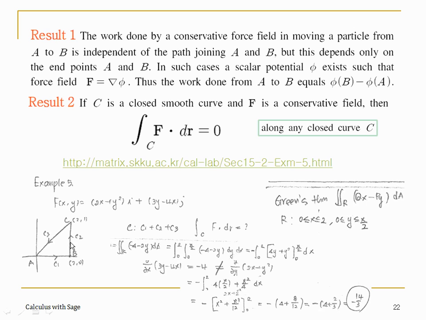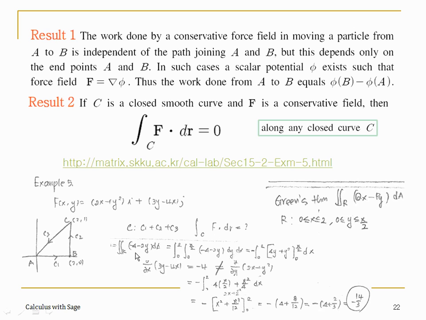Then there are three paths, C1, C2, and C3, to go all the way. So we find the integral of this one on the whole path. Then we integrate on three pieces.